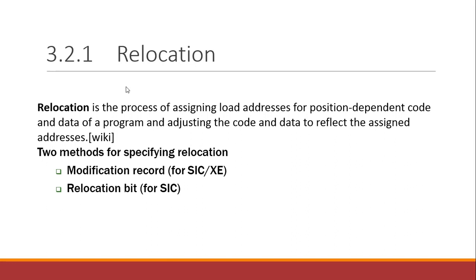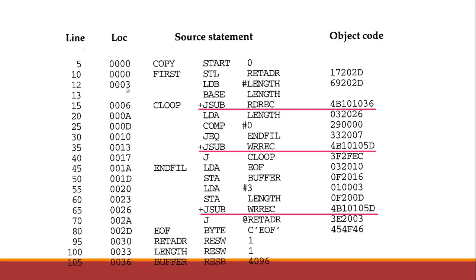There are two methods, which are very important. For SIC XE, modification records, which you have already studied in the assembler chapter, and for the simple standard machine SIC, relocation bit or bit masking is used. One by one then. Consider the same program we studied in the previous chapter.